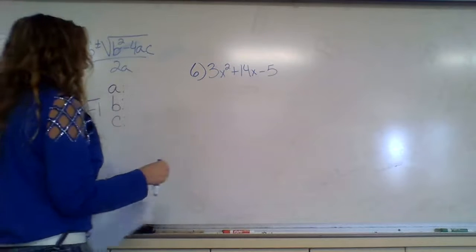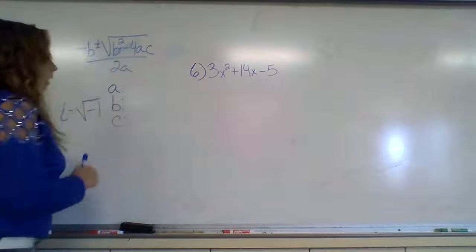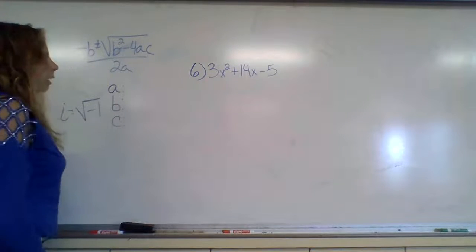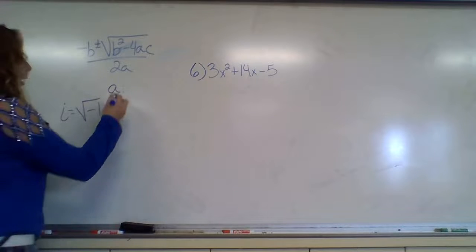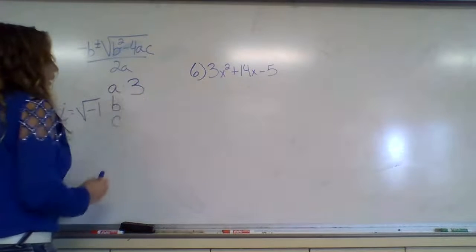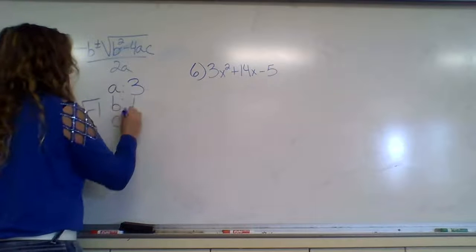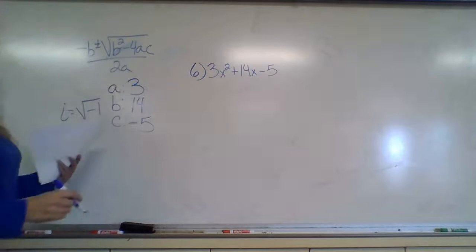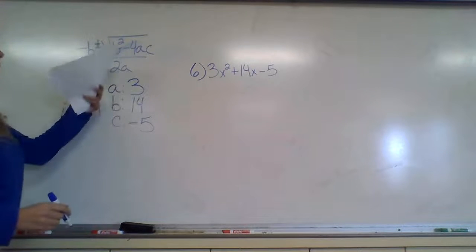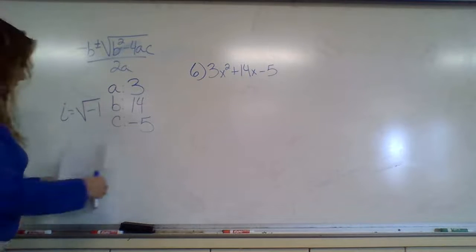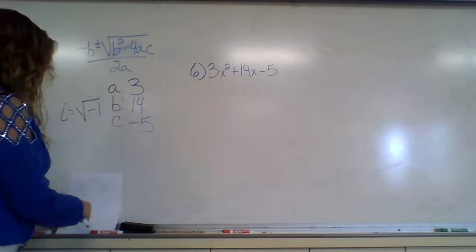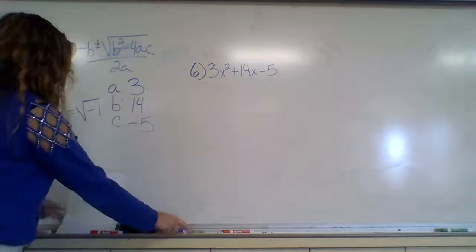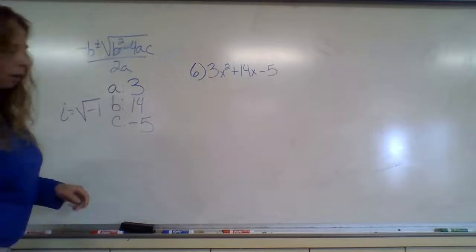So the first thing you're going to do is identify a, b, and c. Here's our equation: 3x squared plus 14x minus 5. So a is 3, b is 14, and c is -5. Now that you have these terms, you're going to substitute them into your quadratic equation and solve.